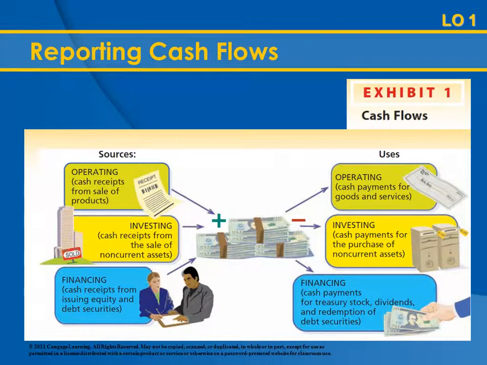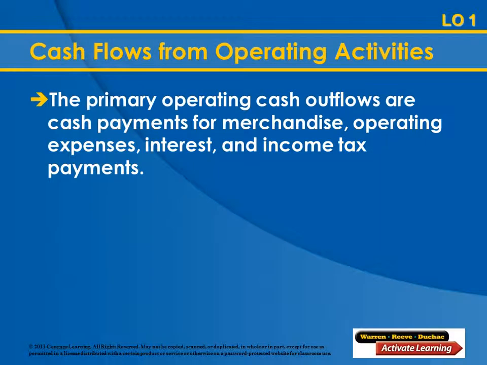And then financing is going to be stocks and bonds, dividends, treasury stocks, and there's going to be inflows and outflows from all types of those different things. So here are some more operating outflows.